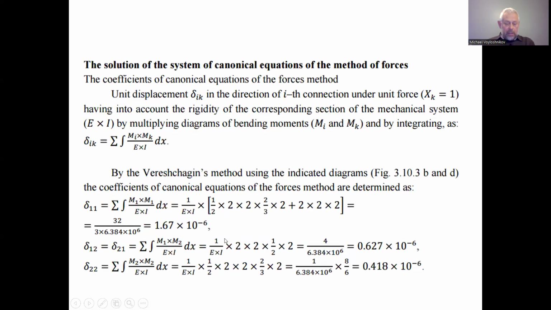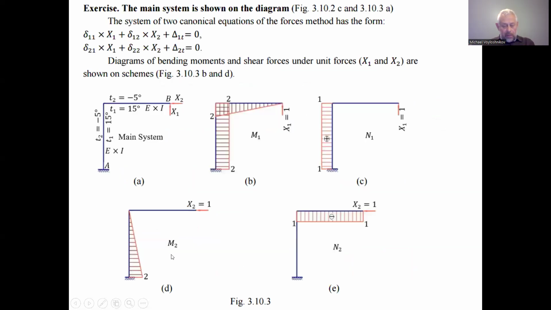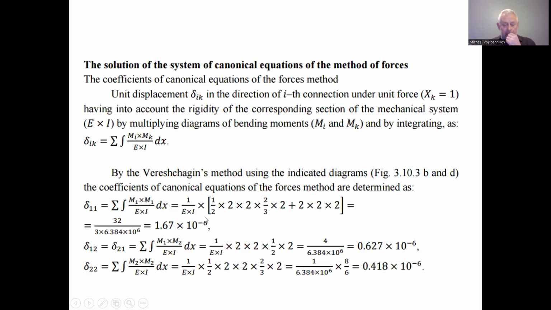And we have only one summand remaining because the bending moment diagram we have only on the vertical part of the mechanical system under the action of the unit force x2 applied leftward at point B.